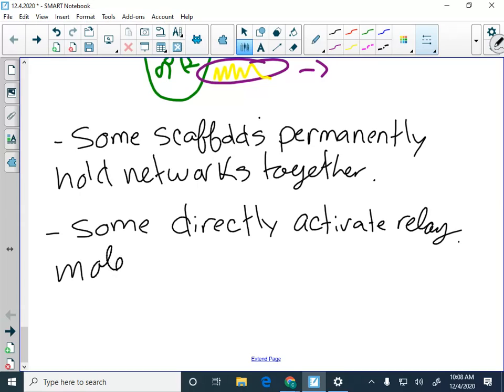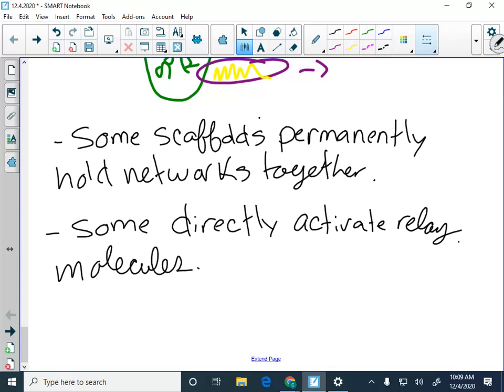Some directly activate relay molecules or proteins.